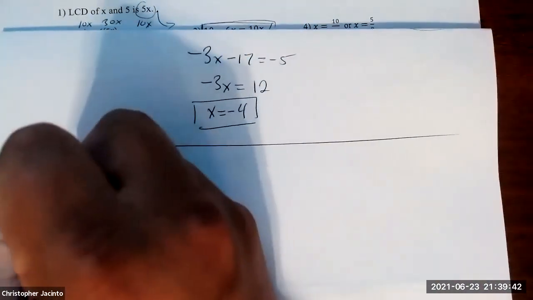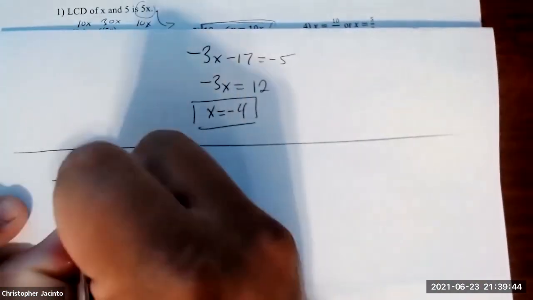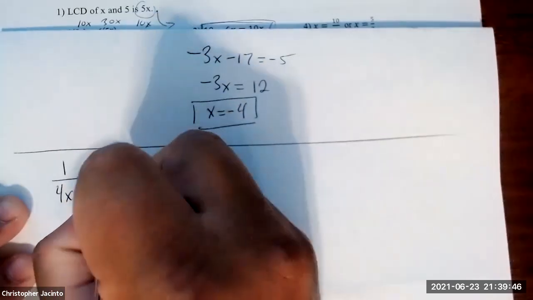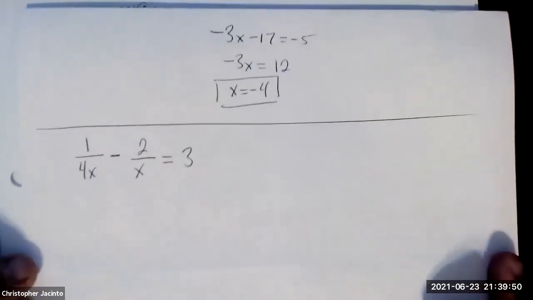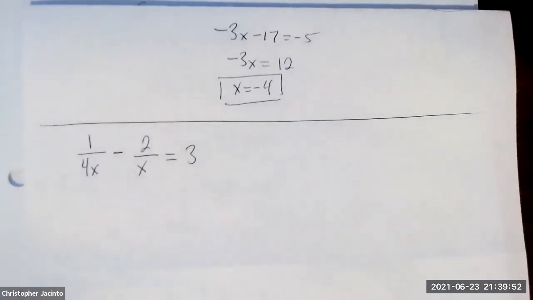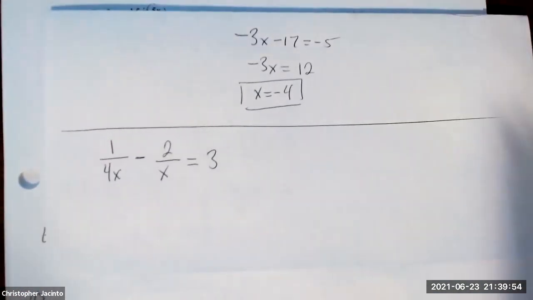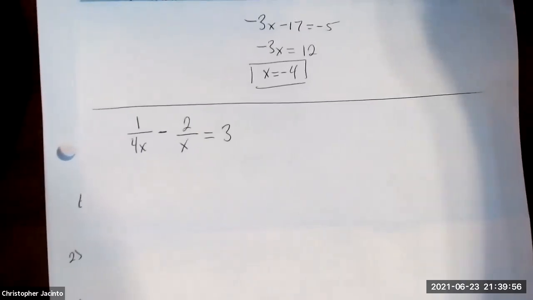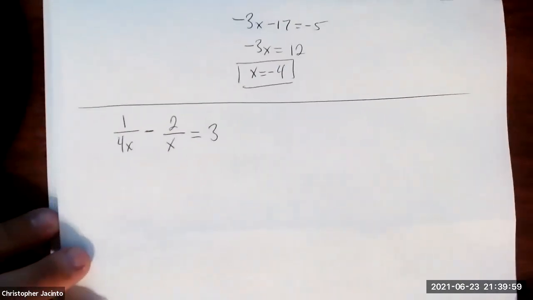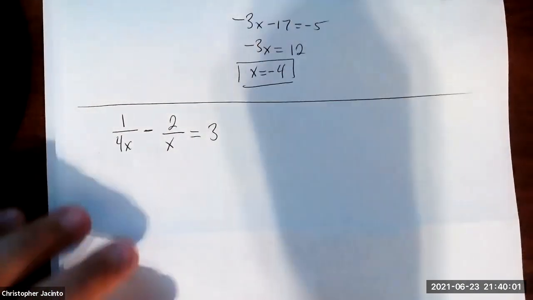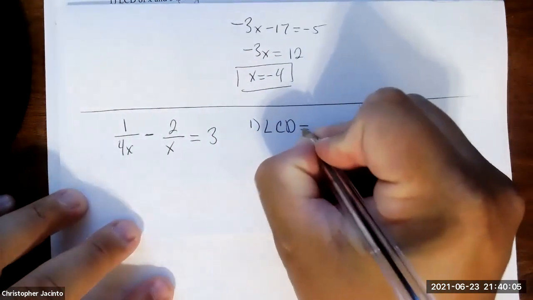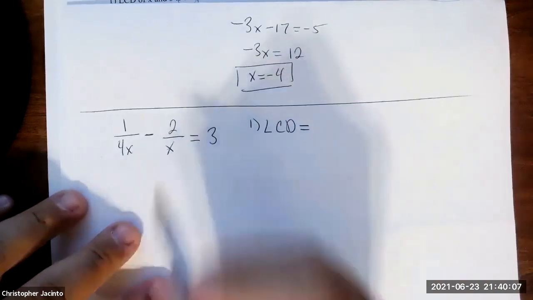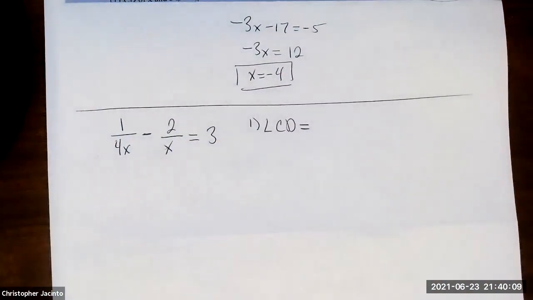So let's suppose we have this scenario. First off, what do you guys think our LCD would be? Because remember, this one already has an x.